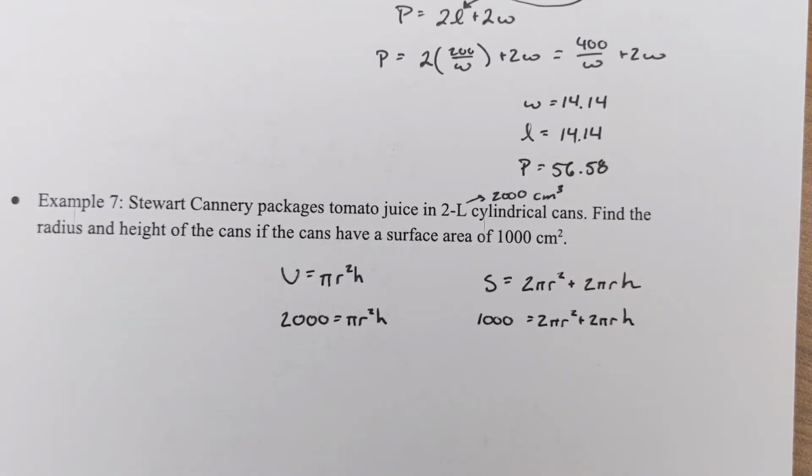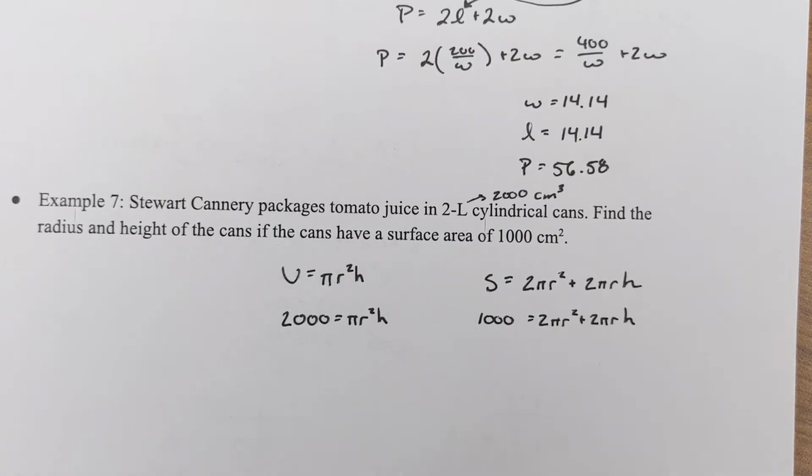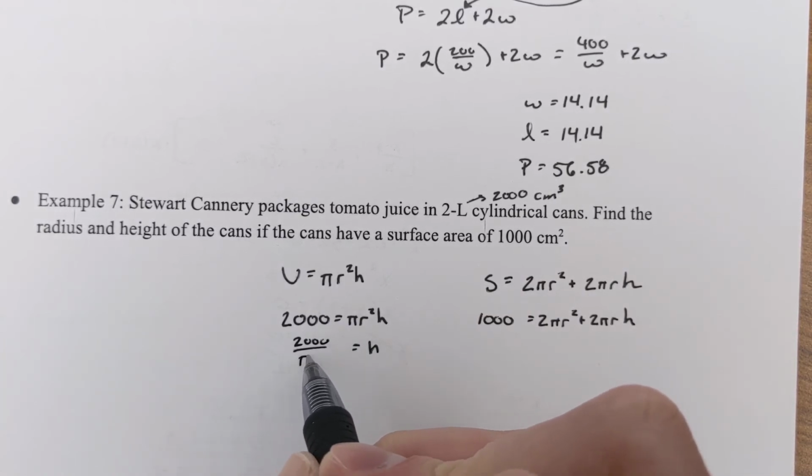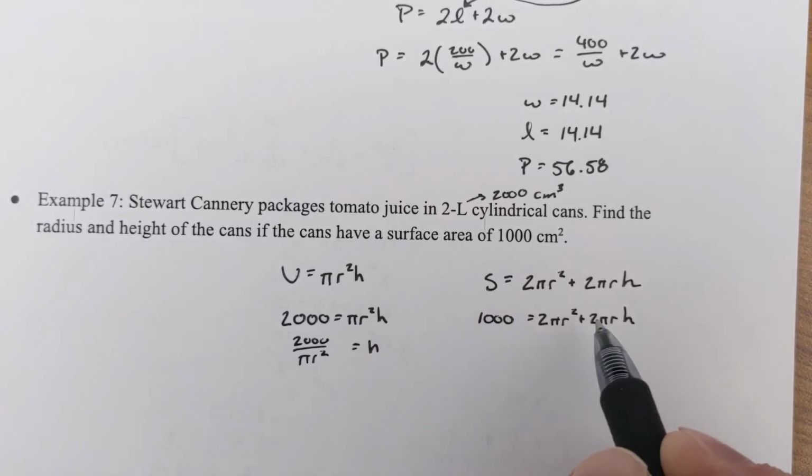So I have 2 equations and 2 variables. What I can do is solve one of the equations for one of the variables. The volume one's going to be easier to solve for. I'm going to solve it for h: 2,000 over pi r squared, and then plug it in over here.